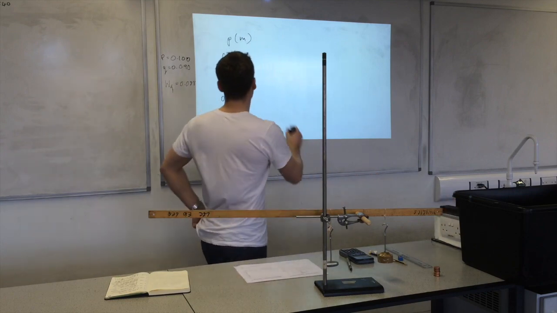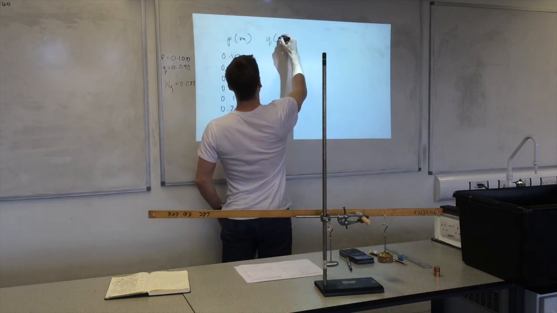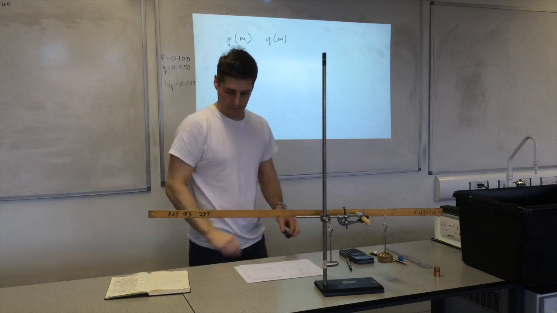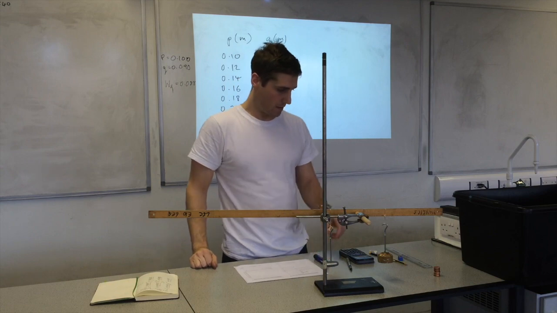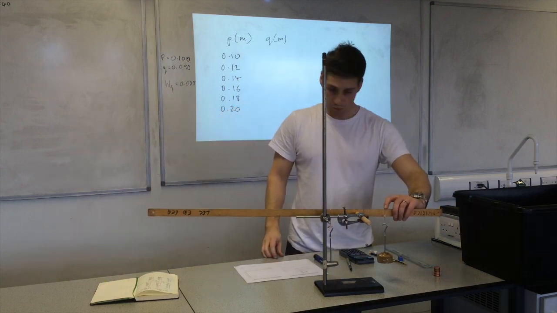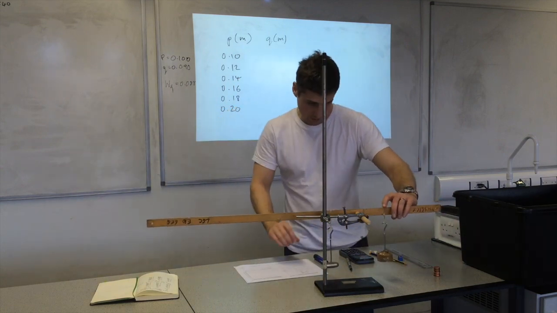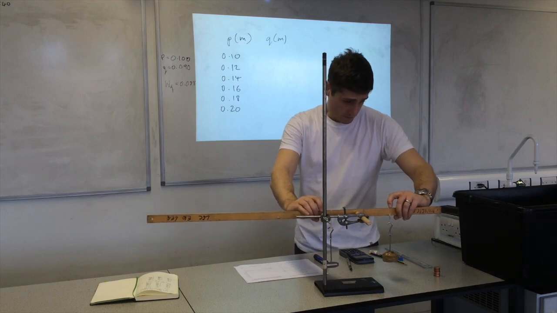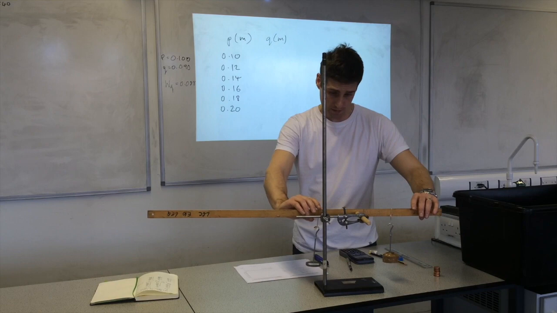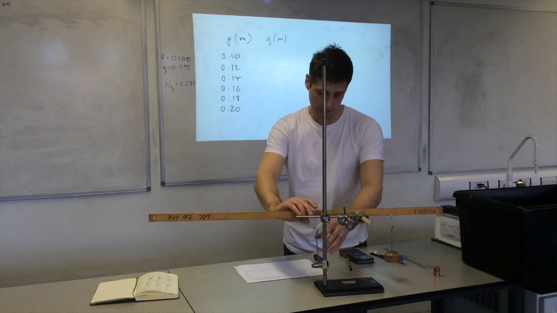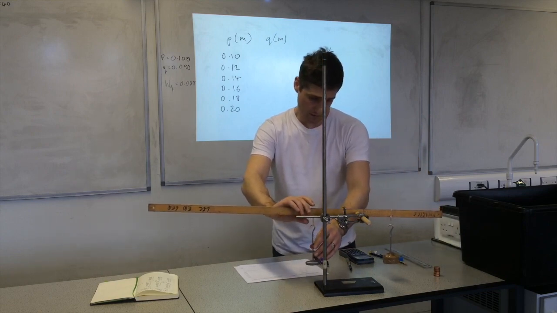Right, let's find out what Q is for those. So 10, so I've got 1 already. So move it up to 2 and rebalance, doing it carefully just so it's not falling all over the place.